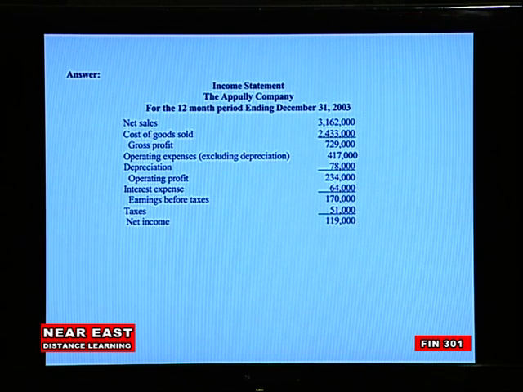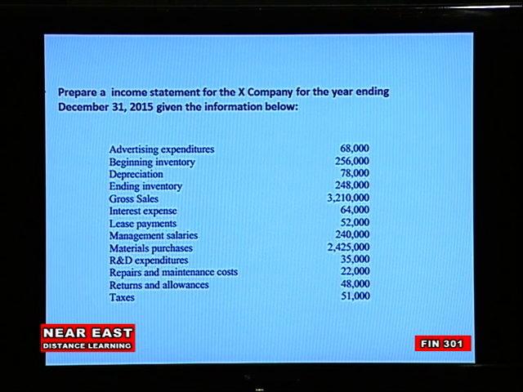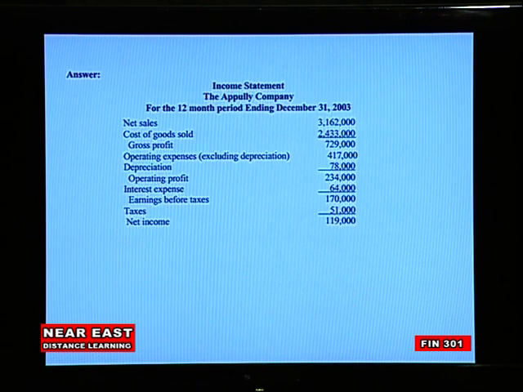The taxes in this example are $51,000. Now, when we subtract taxes from earnings before taxes, we arrive at net income, in this example $119,000.